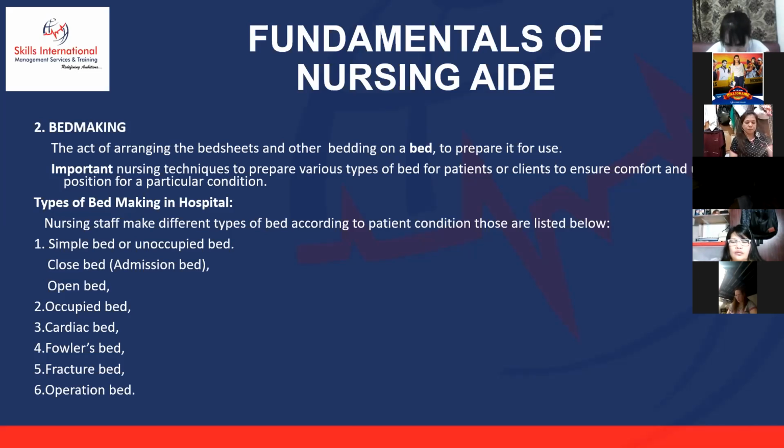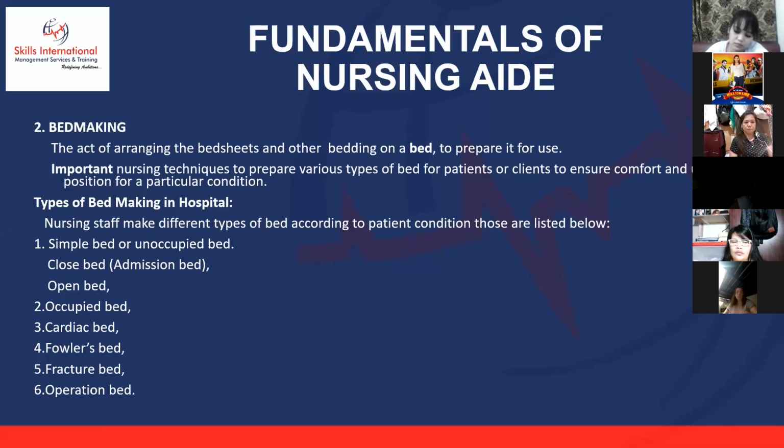Cardiac beds are those bed makings that we are going to prepare for patients who have heart problems and those who are operated on the heart. We have the Fowler's bed, or those beds with the sitting position for patients who are in sitting positions.